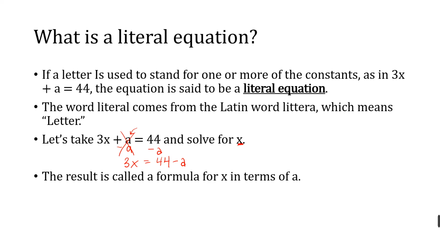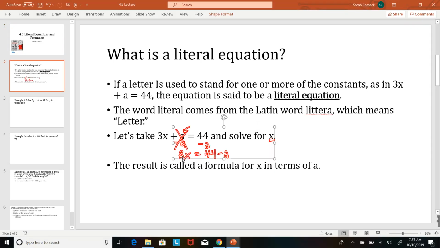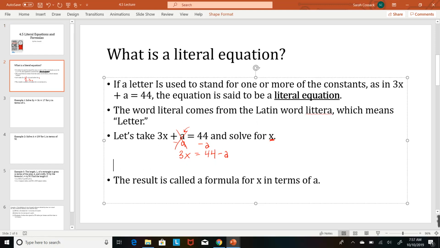And just like we would do in a typical equation, to get the x by itself, we would divide both sides by 3. I ran out of room, so I'm going to make room and fix this typo simultaneously.